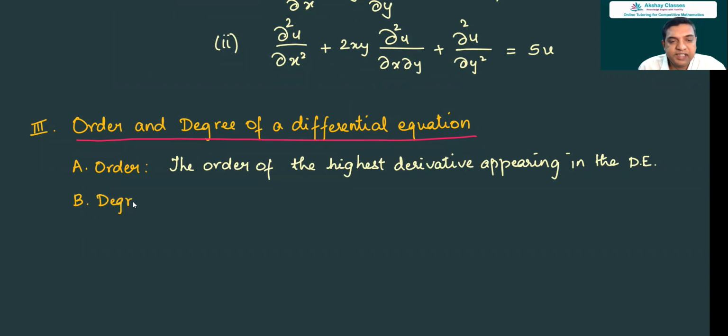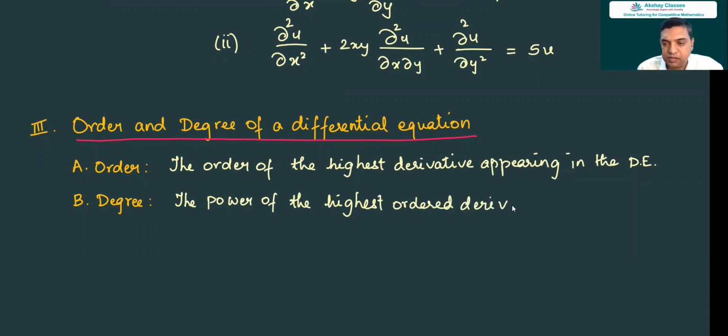Then what is degree? The power of the highest ordered derivative after the differential equation is written in polynomial form.